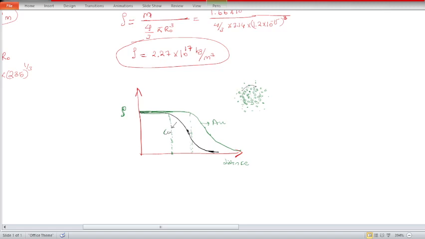So for this range of radius or distance they are constant. The number of nucleons per unit volume is constant, but after that there is a slight change, as you can see.